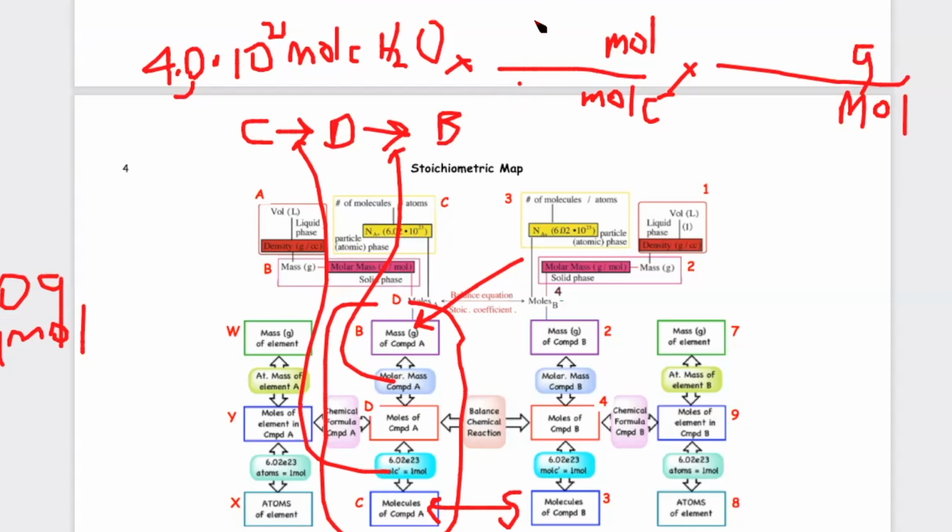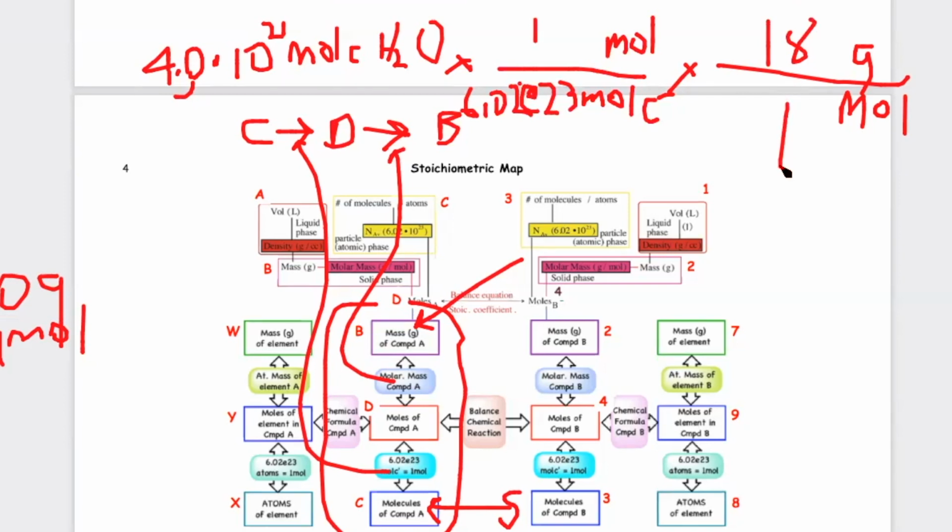Now all I got to do is put in the numbers. I'm going to put 1 here, and I'm going to put 6.02 times 10 to the 23rd. Now, let me show you how you do this in your calculator. And then 18 grams is 1 mole.